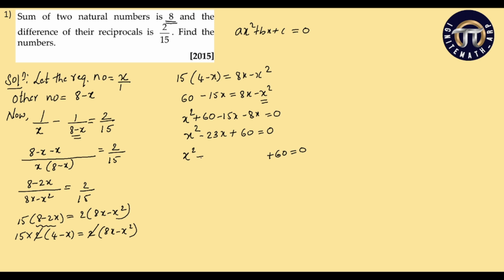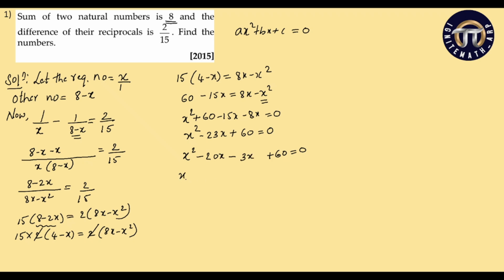So then this sign I'm writing as it is, plus 60 I'm writing as it is, plus into minus is minus. So the number I'm writing over here has a minus sign, the number I'm writing over here also has a minus sign, which means the middle number 23 is to be obtained by adding two numbers. So I will write it as minus 20x and minus 3x.